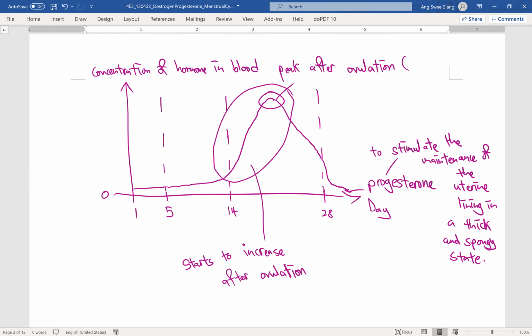You see, it's actually in between day 14 to day 28, somewhere around that, after ovulation.